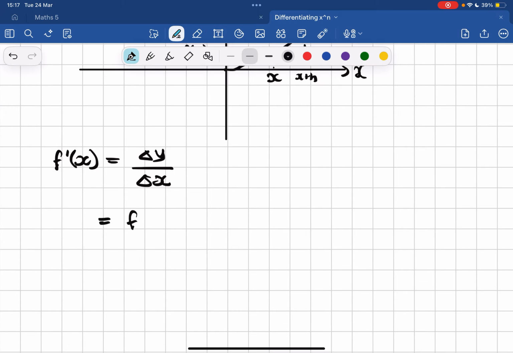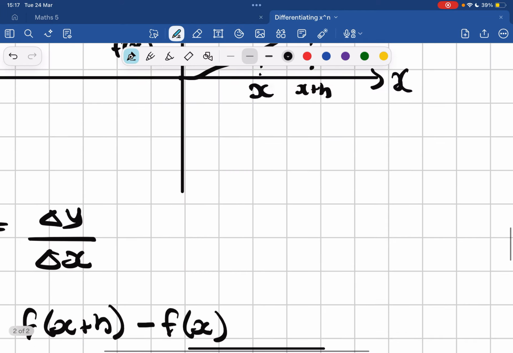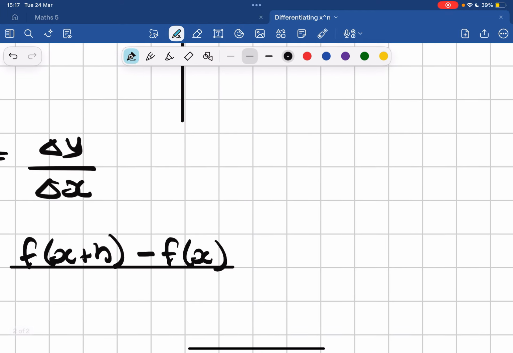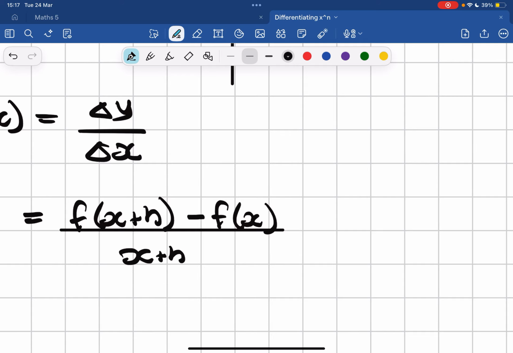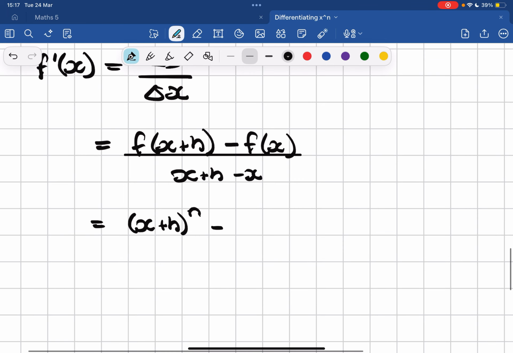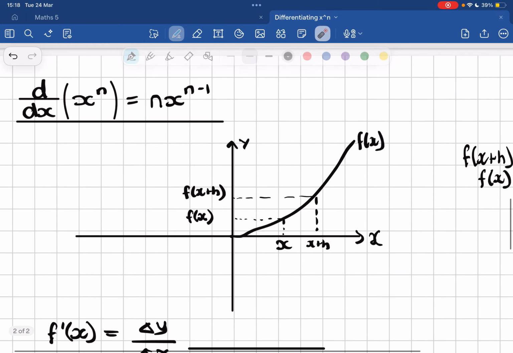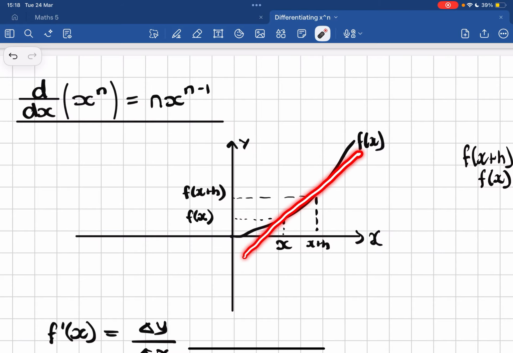So f of x plus h minus f of x over x plus h minus x. And we said f of x plus h was x plus h to the n, and f of x was x to the n, and x plus h minus x is just h. So this would be the gradient of the straight line going through these 2 points.